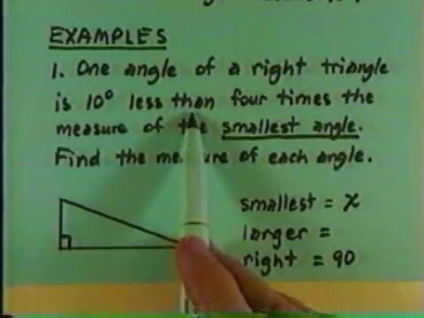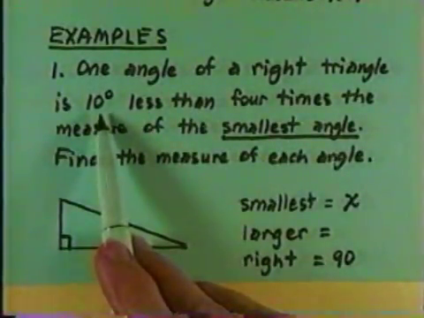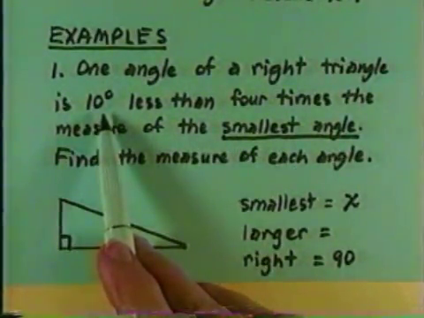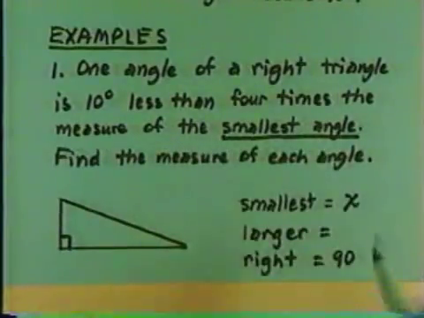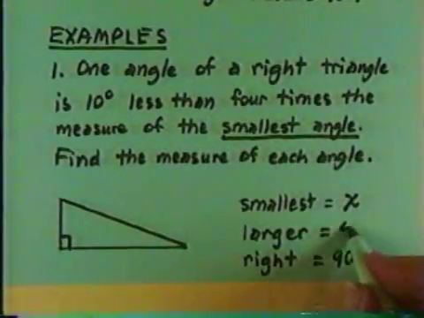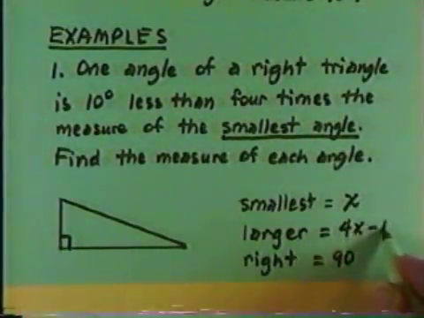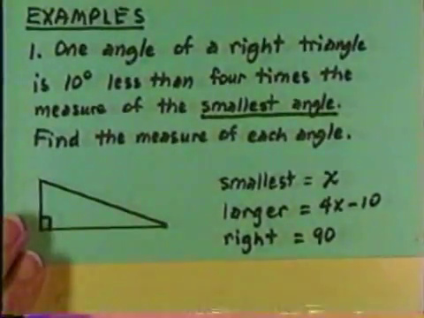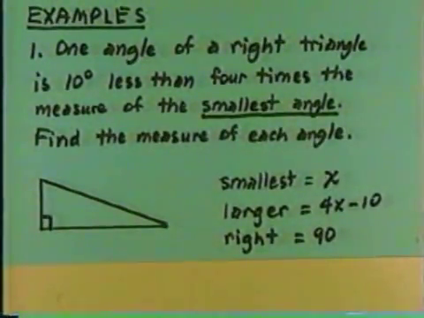Less than means subtract in reverse order. So our 10 will be subtracted at the end. 4 times the smallest is x, so we have 4x subtract 10. So our smallest is x, the larger is 4x minus 10, and the right is 90.